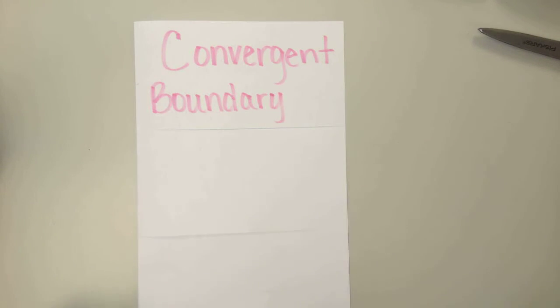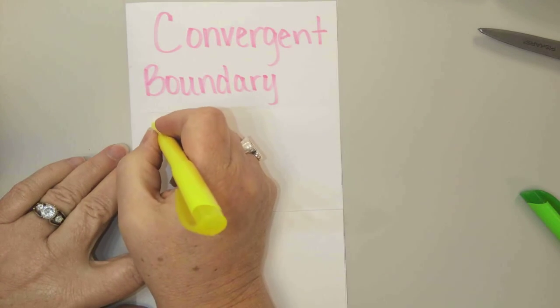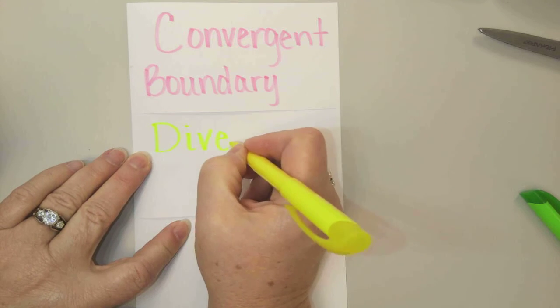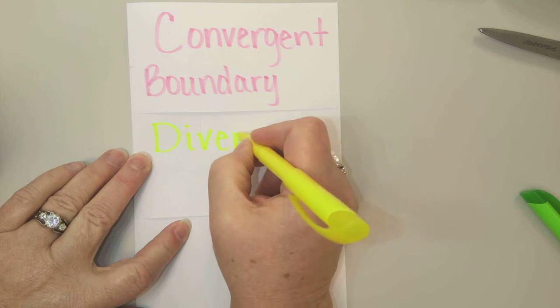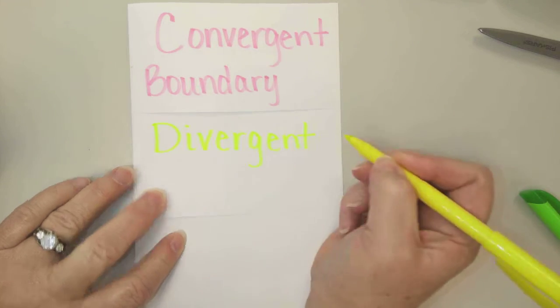Alright, so the first one's going to be a convergent boundary. The second one is going to be yellow, and that's what we call a divergent boundary. D-I-V-E-R-G-E-N-T boundary.